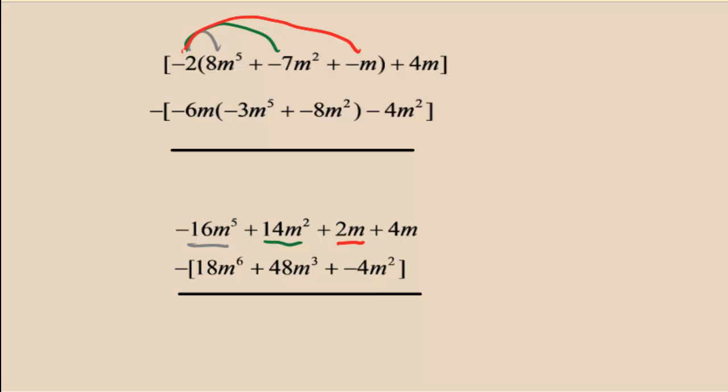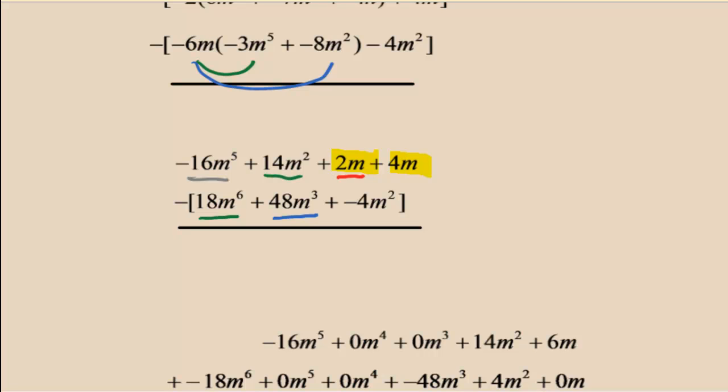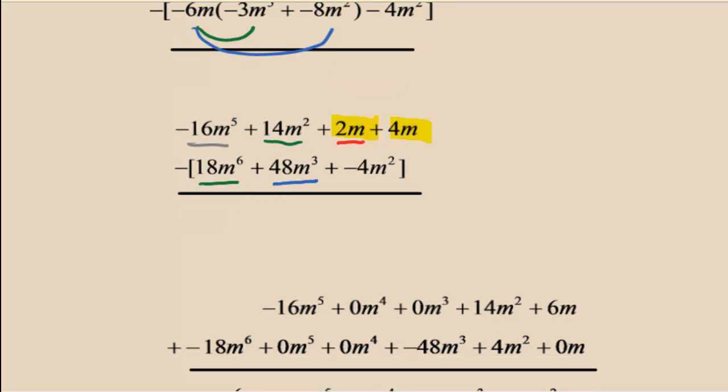And then I did the same thing in the second example. I distributed. Now you'll notice that I need to add some like terms in my first polynomial before I continue to work. So in my second step here, I added my like terms 2m plus 4m to get 6m. I also inserted some zeros to help me line everything up.